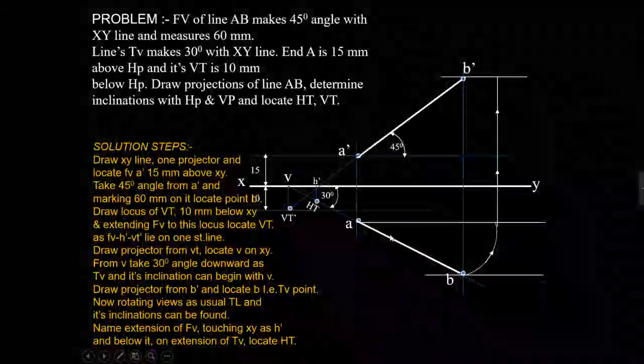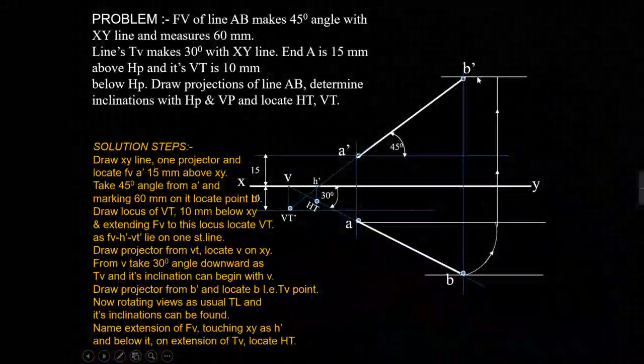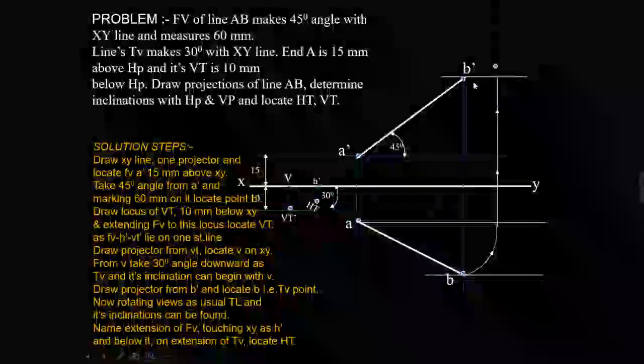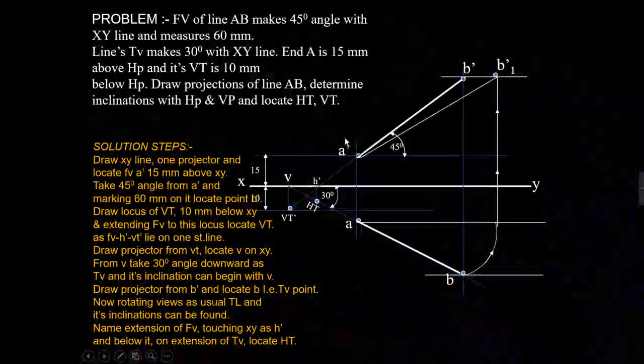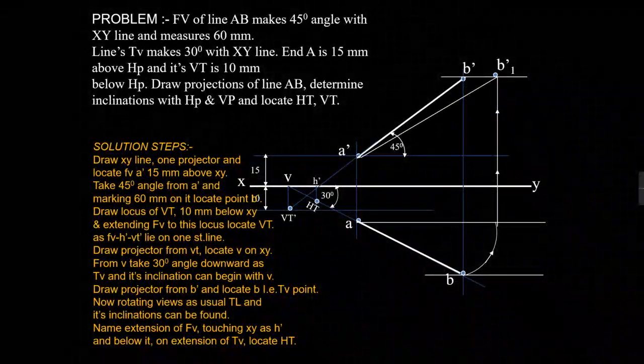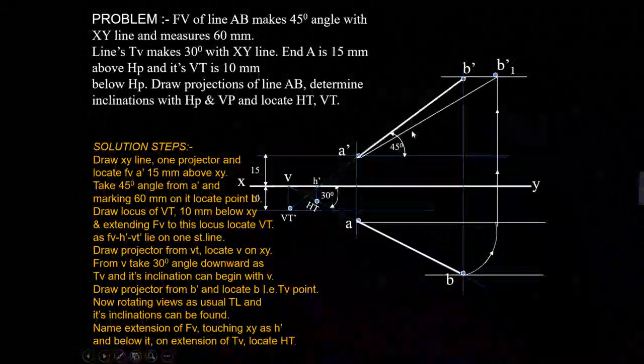So after drawing the front view of a line, I will project it on this horizontal line and join with the point A dash. This is your true length of line AB, and the true inclination you can measure from here from the HP.